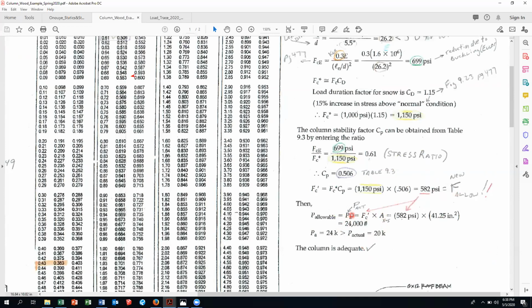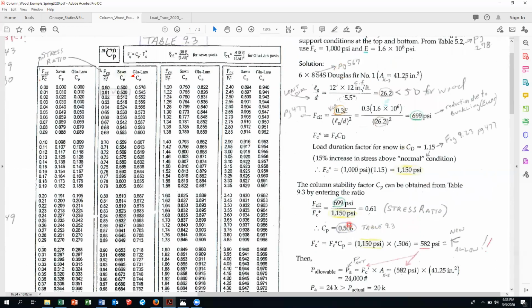They're solving for the allowable load. So again, the new allowable stress is equal to the allowable load divided by the cross-sectional area. To solve for P allowable, we get that we're allowed 24,000 pounds.